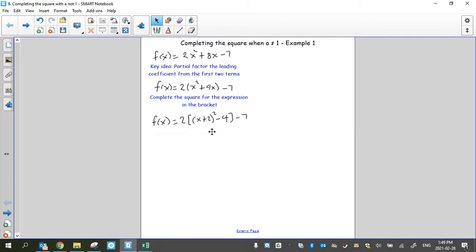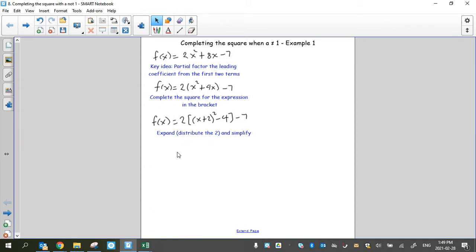And basically, from here on in, we just expand the 2, applying the distributive property, 2 multiplied by the bracket, 2 multiplied by the negative 4, to eliminate the square bracket, and then we simplify.